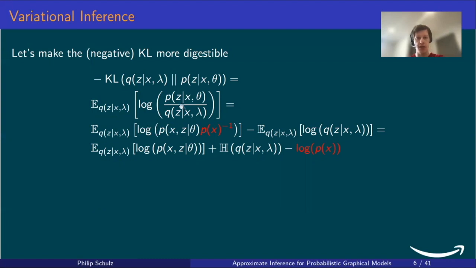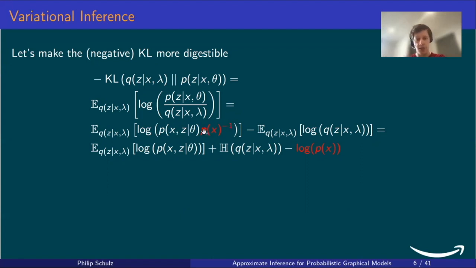Okay, so we separate out the numerator and the denominator. And for the numerator in particular, so for the posterior that we've been working with, we further separate out 1 over p(x). So again, remember that p(x) is exactly the quantity that we can't compute to start with, right? So the reason that we are using approximate inference is we can't compute p(x).